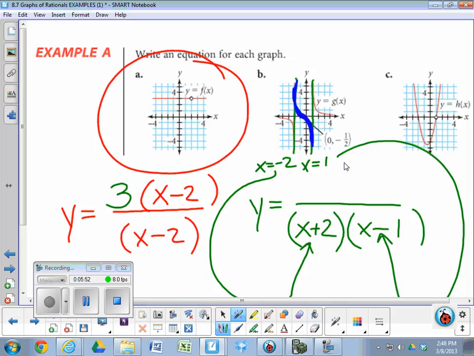Where? At negative 1. So negative 1 is a zero of this function. Good, that's another name for x-intercept, or a root. If negative 1 is the x-intercept of this function, I think there's an x plus 1 on top.